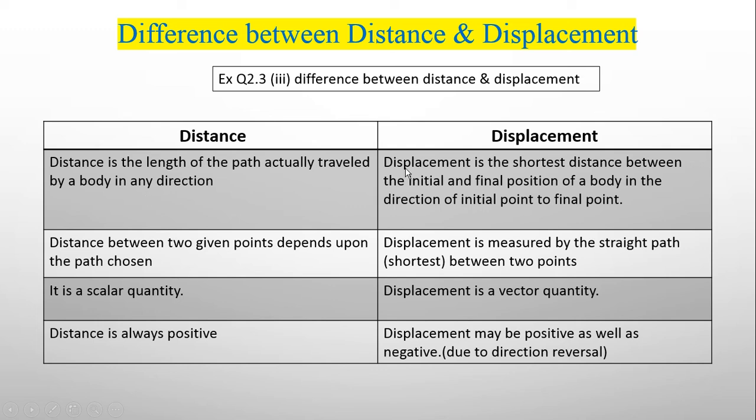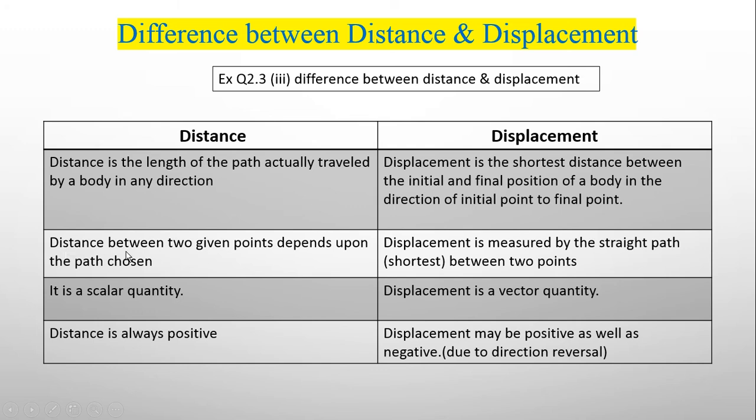But displacement is the shortest distance, and you know that the straight line distance between two points is always shortest distance. So displacement is the shortest distance between the initial and final position of a body in the direction of initial point to final point. Means here direction is also specified as an initial and a final position.